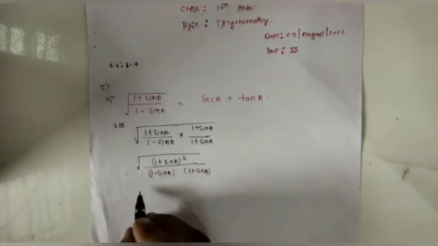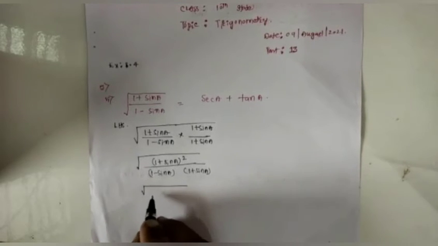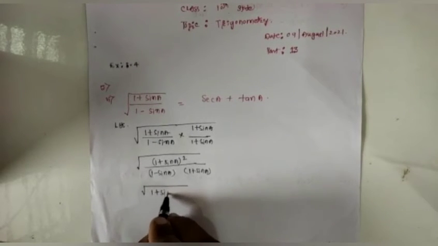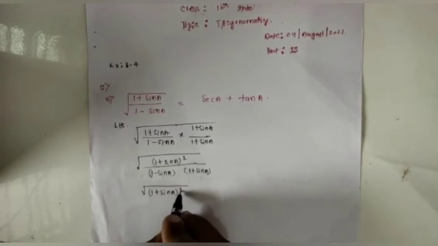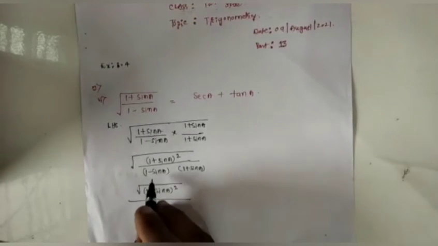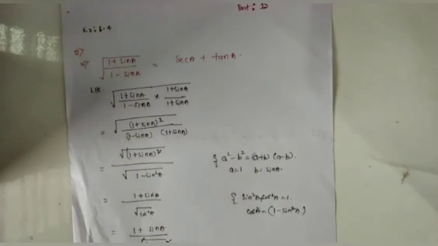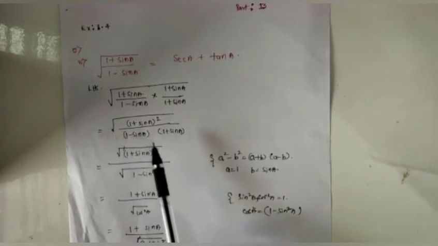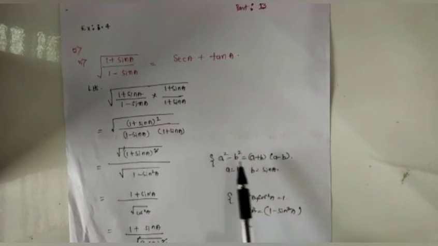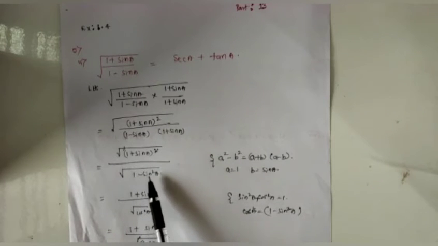Now we split the root on both numerator and denominator. We know that the factors of a square minus b square are a plus b into a minus b. Here a is 1 and b is sine a, so a square minus b square is 1 square minus sine square a.